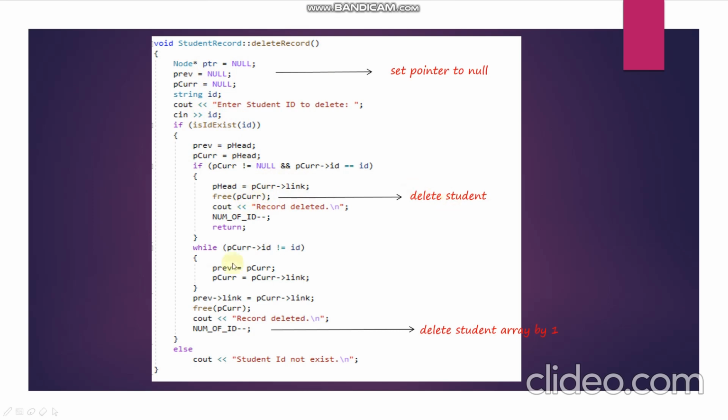If not, the process will enter here to find the next ID. If the ID is found, then it will delete the record. At last, num of ID minus is used to reduce the student array by 1. If the ID does not exist, it will print out that the student ID does not exist.